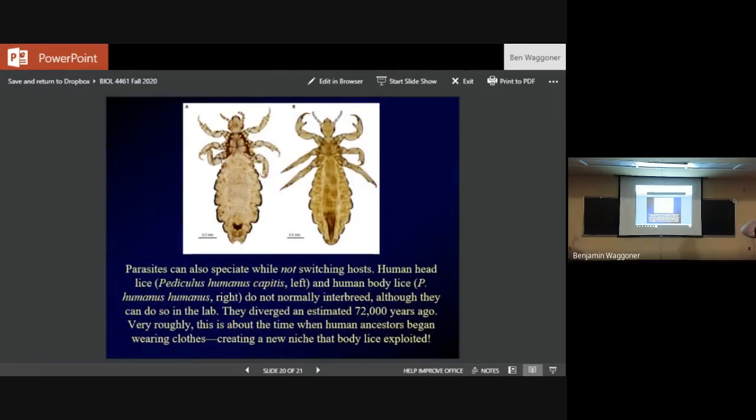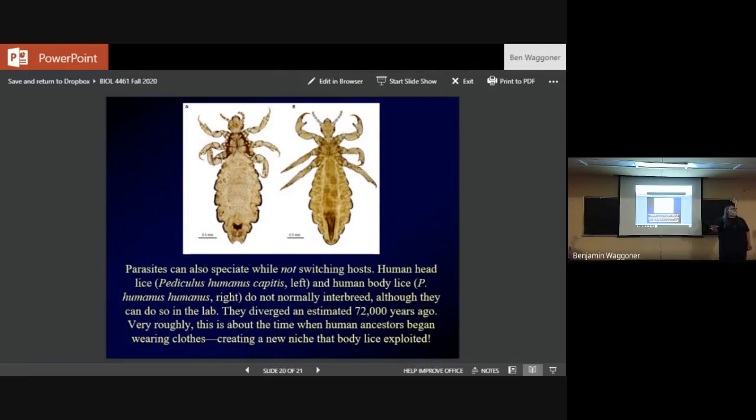Sometimes parasites will speciate when they're not switching hosts. Human head lice and body lice are different a bit. They can still interbreed, but they usually don't. One of them lives on your head, and one of them lives on your body, and in particular lives in clothing.